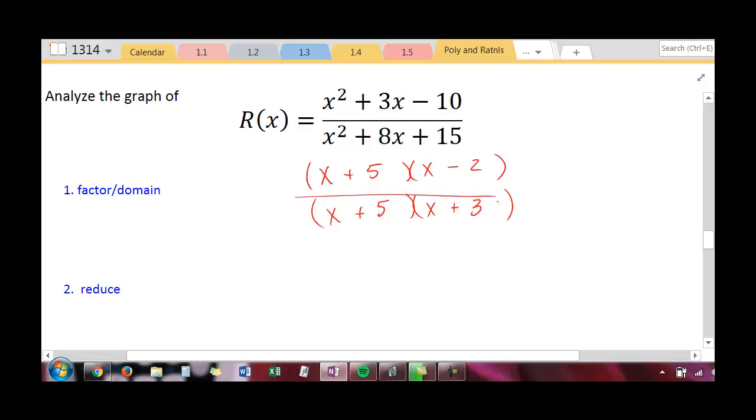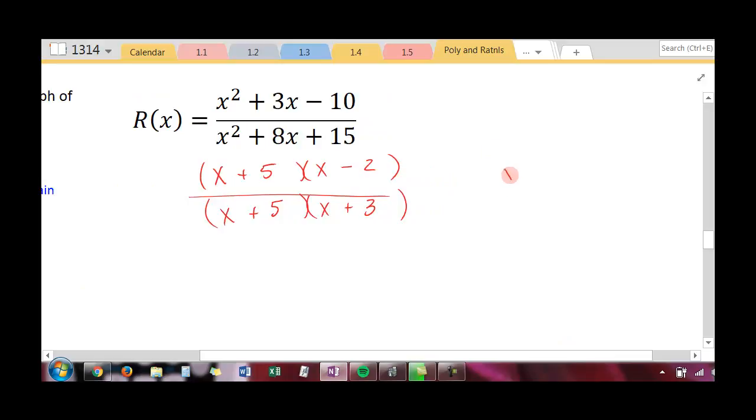So once we have this factored, let's go ahead and figure out what the domain of this function is. The domain, again, is where the denominator is not equal to 0. So we're going to come over here and we say, well, when x plus 5 is equal to 0, and when x plus 3 equals 0.